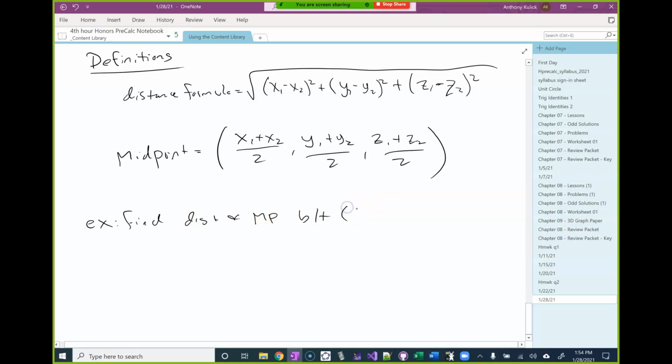So let's say we want to find the distance and the midpoint for these 2 points. So the distance formula, it doesn't matter which one I call point 1 or point 2. I'm going to call the first one point 1, the second one point 2.